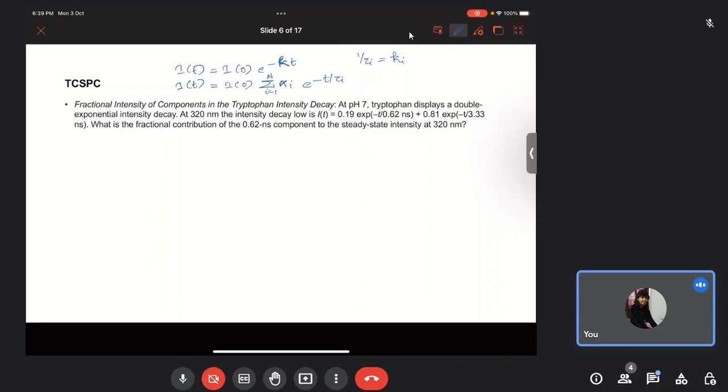In case you have more than one fluorophore, for example, in a protein molecule with more than one tryptophan, which is a fluorophore present in protein, if it is the same fluorophore, the pre-exponential factor merely depends upon the concentration.